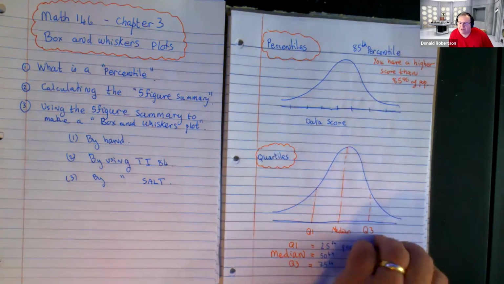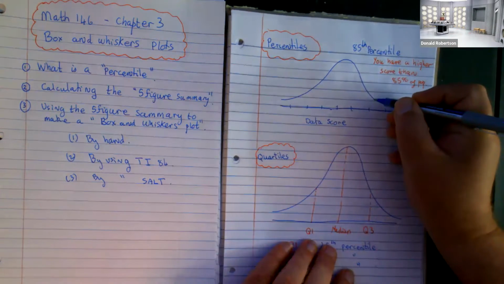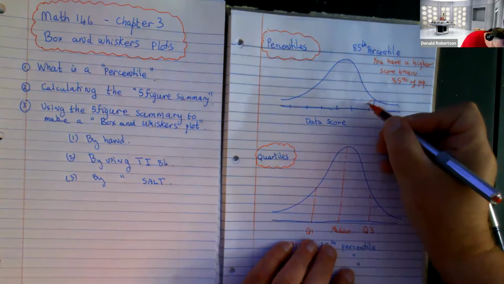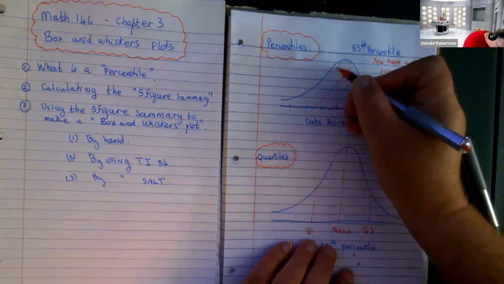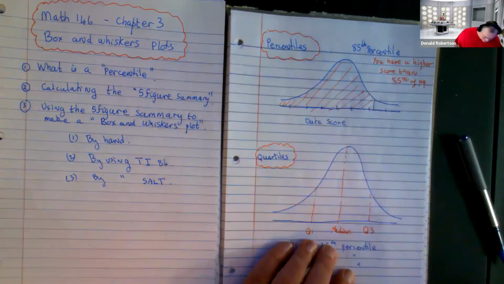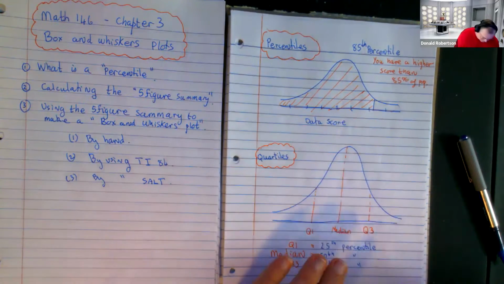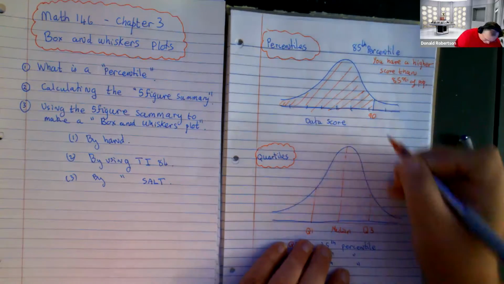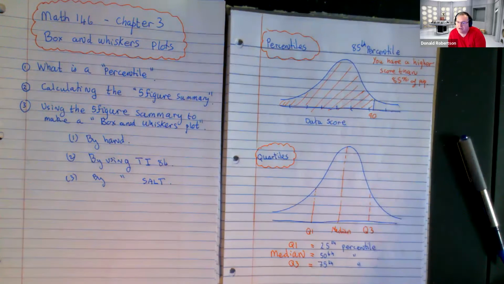If you were the 85th percentile, you would be somewhere around here. What that means is that your score was better than 85% of the population. So you would have a really good score. Let's suppose that was getting 90 in the test. So getting 90 in a test could make you the 85th percentile.